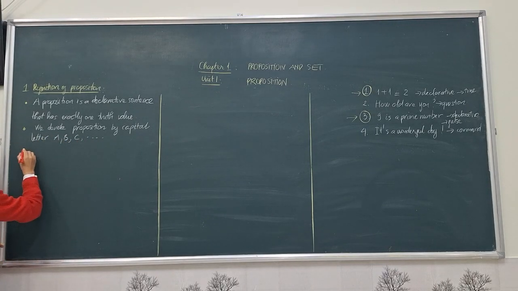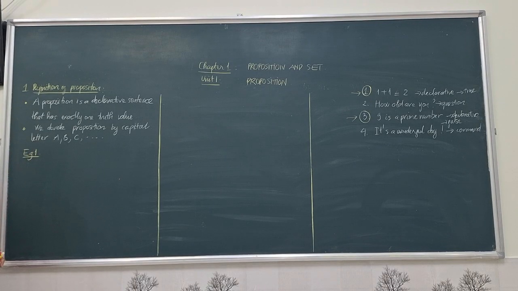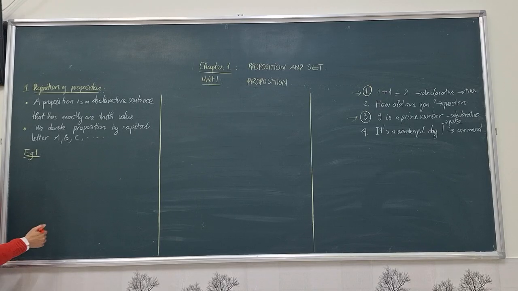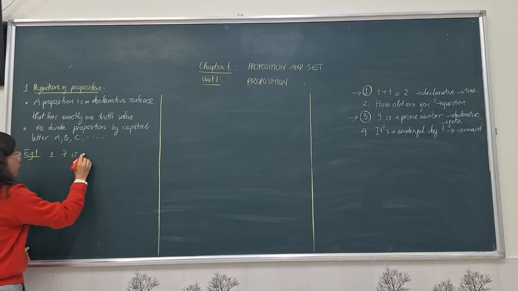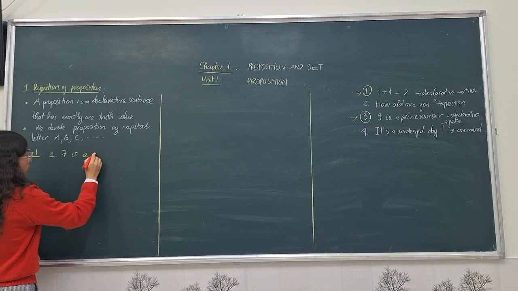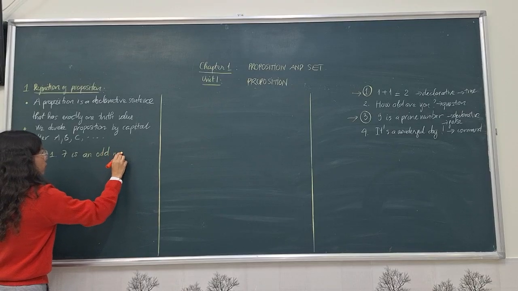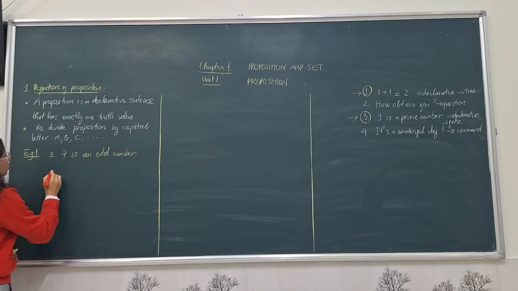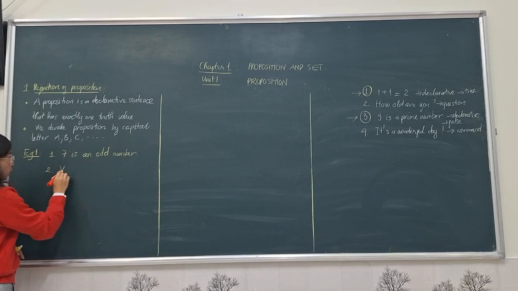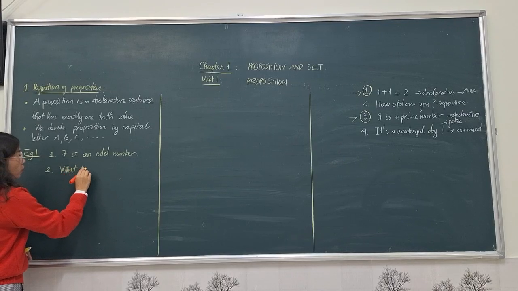Now let's do example 1. Which sentence is a proposition, and if it is a proposition, find its value. Sentence 1: 7 is an odd number. Sentence 2: What time is it?